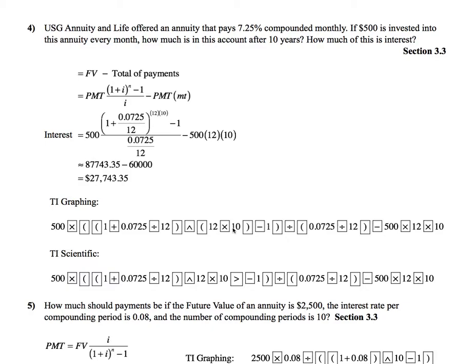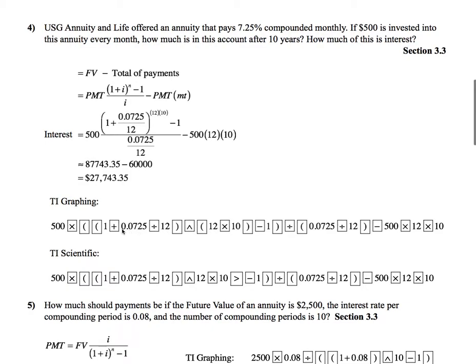And on the exam, even though 0.0725 divided by 12 doesn't divide out all nice and neatly, the numbers that I used on the exam do. So you can calculate your I, which is what this is right here, ahead of time as well, and that would simplify the keystrokes.